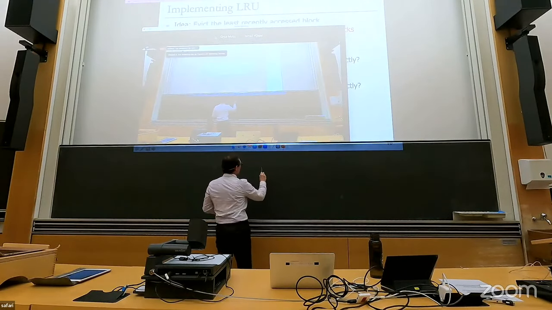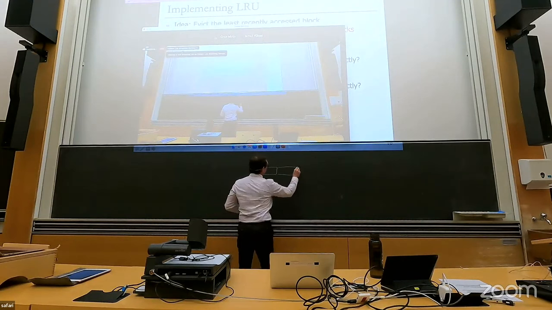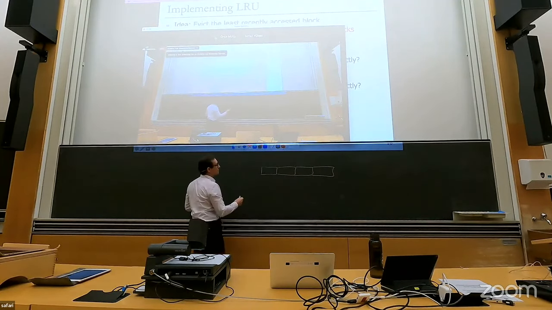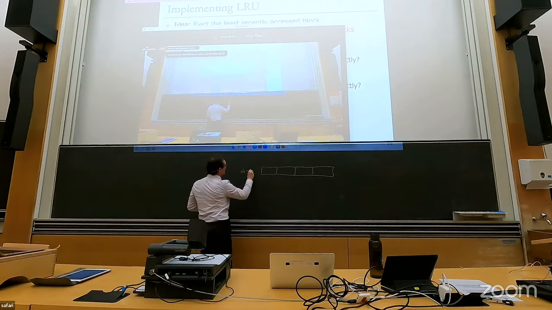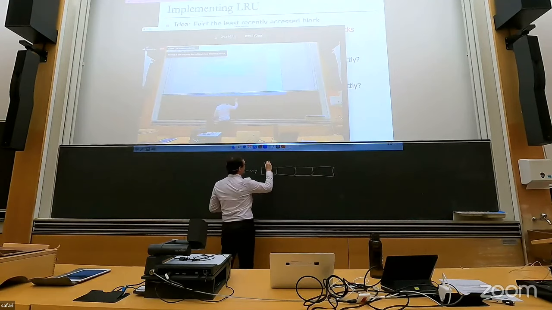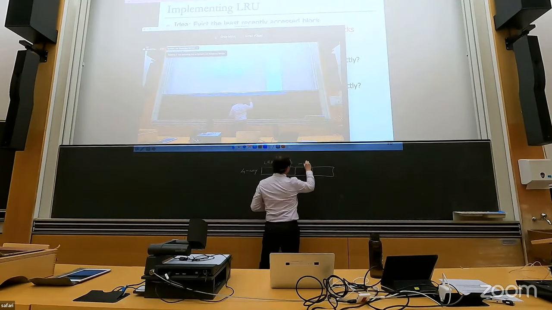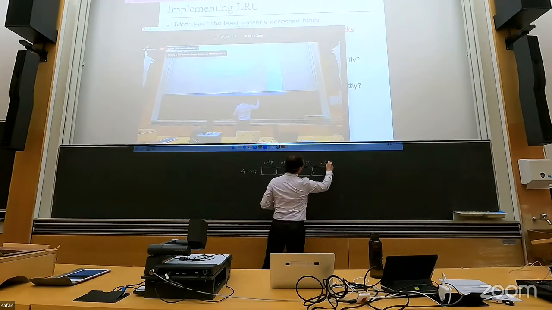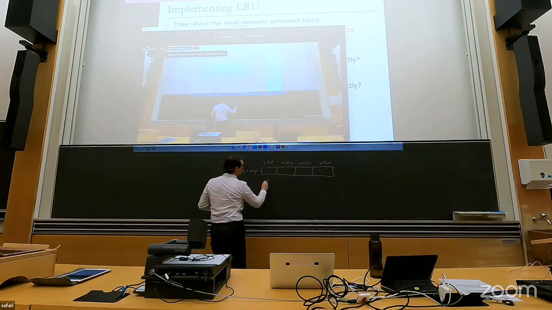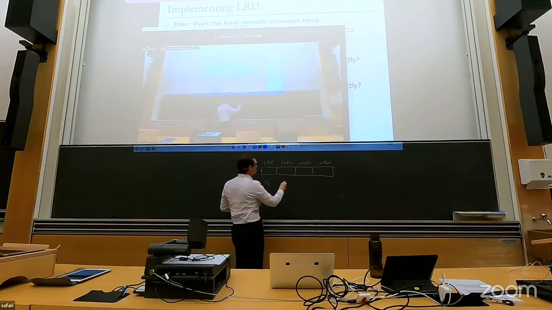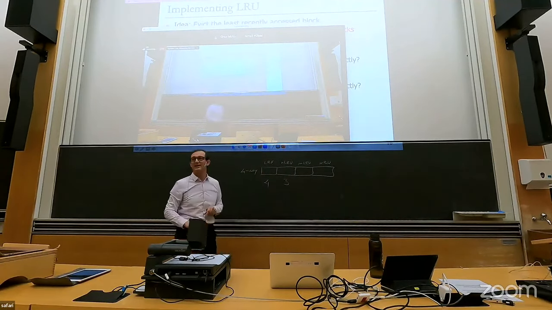So basically, you have 4 different blocks, right? You need to position these 4 different blocks. This is the 4-way cache. You can think of this as LRU, then next LRU, then next LRU, and then the most recently used. There could be 4 possible things that you can place into the LRU position. Once you have placed it, there are only 3 blocks left for the next LRU position.